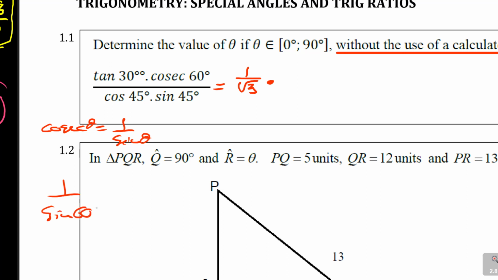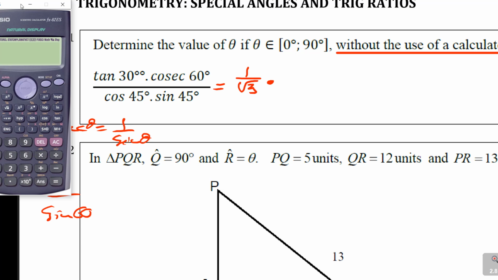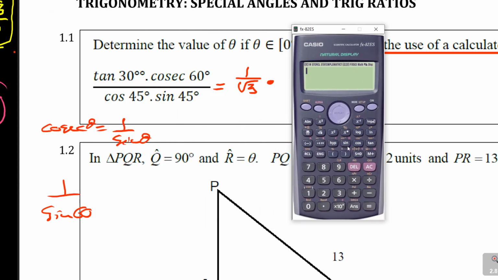See what I'm saying there? So what you do, you take a calculator and then you have that 1 over sin 60. In other words, it's as good as saying sin 60 and then you invert. So let me do that. 1 over sin 60.